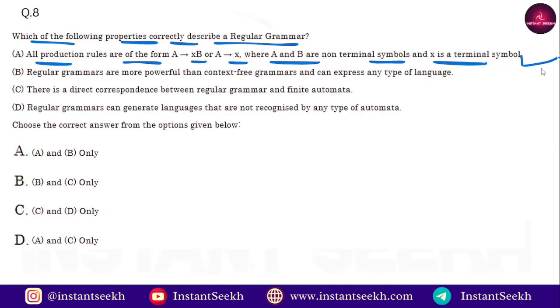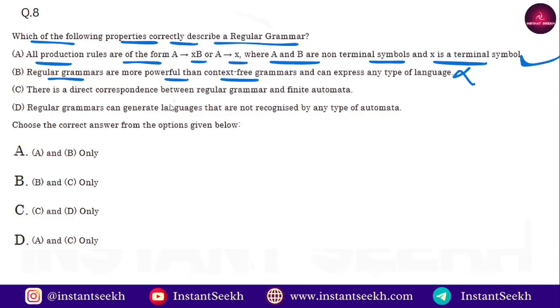So this is your correct statement, first of all. Next, regular grammars are more powerful than context-free grammars and can express any type of language. No, this statement is wrong. Regular grammars are actually less powerful than context-free grammars. And regular grammars can only describe regular languages, which are a subset of context-free languages. So this is wrong.